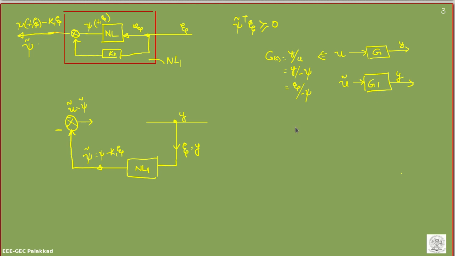So I want the output as y, that means the new g1 is y by u tilde. So that is zeta by, what is u tilde? Okay, xi minus k1 psi, xi minus k1 zeta. Let me try to divide numerator and denominator by minus xi.